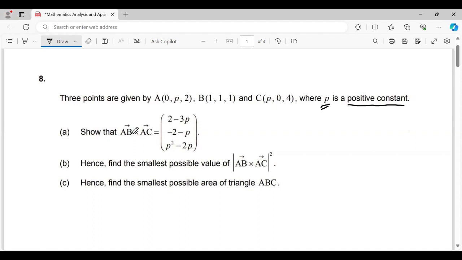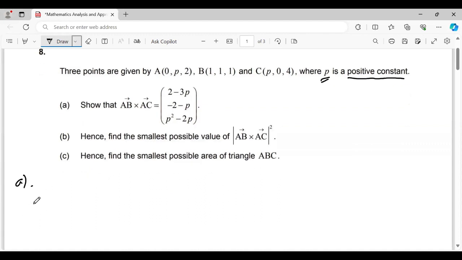Show that AB times AC is this vector. Hence, find the smallest possible value of the modulus of AB times AC squared. Find the smallest possible area of triangle ABC. All right.